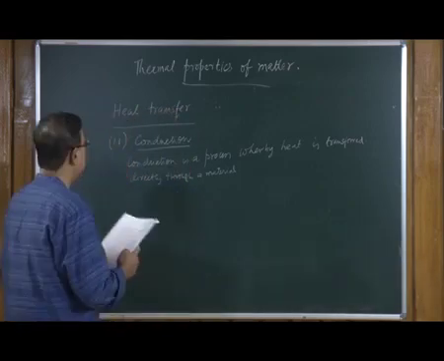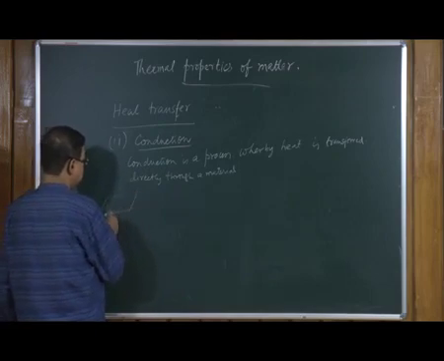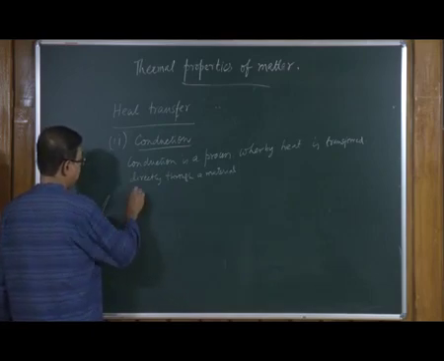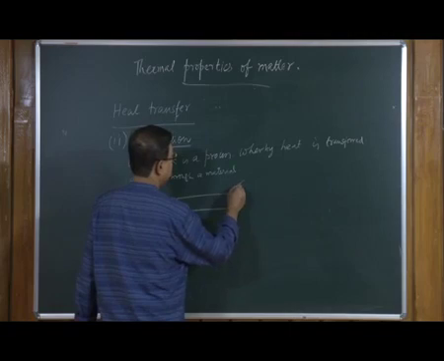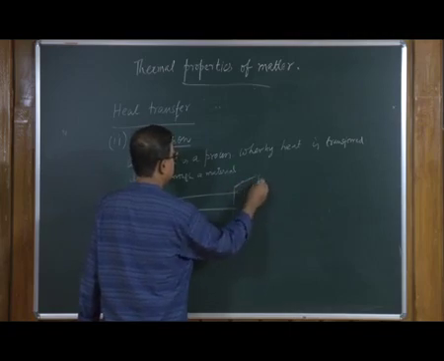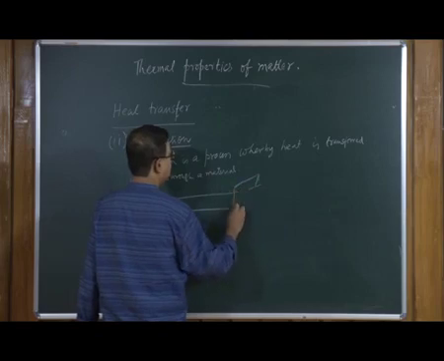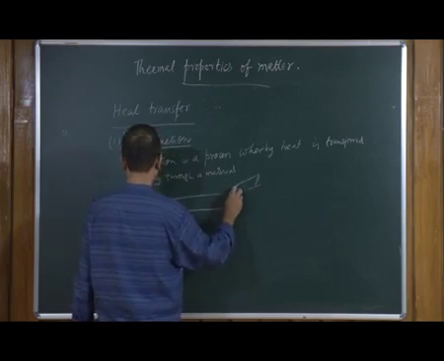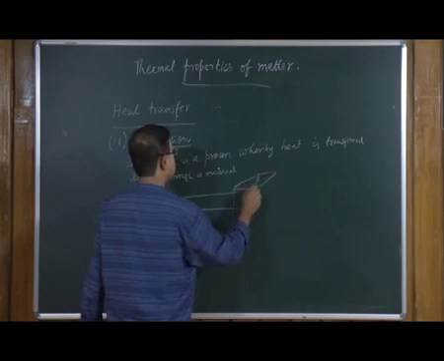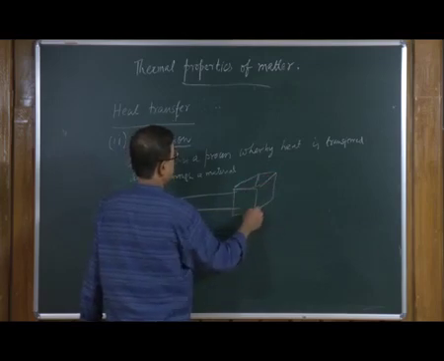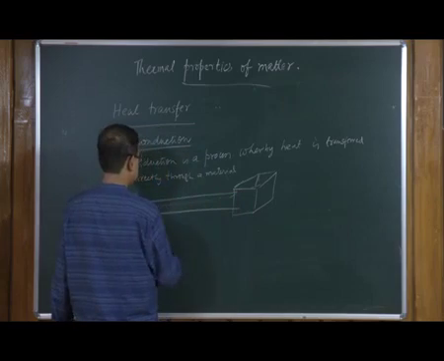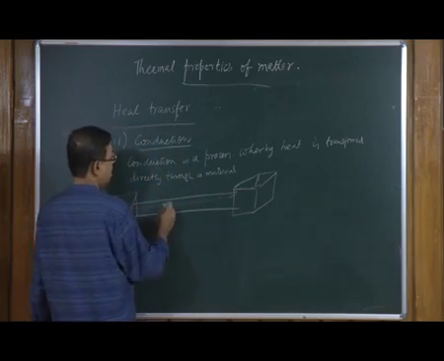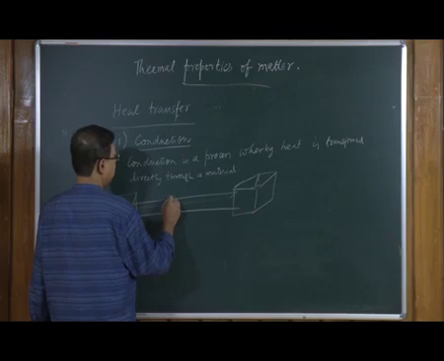And this can be understood in this particular fashion when you have two bars which are kept and they are connected by a medium, and there is an area of cross section.